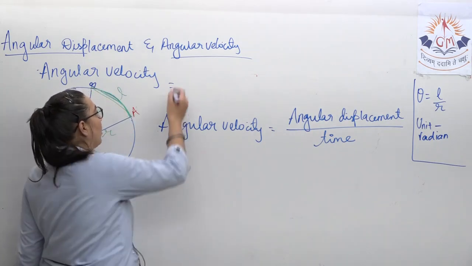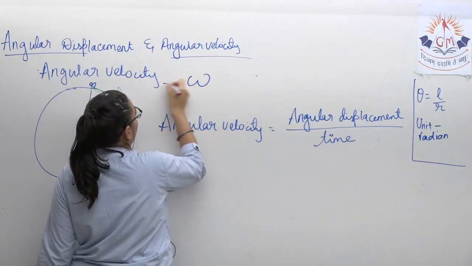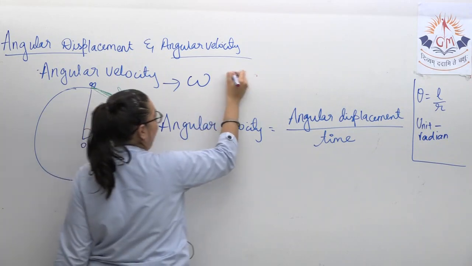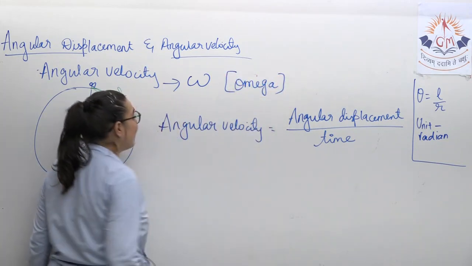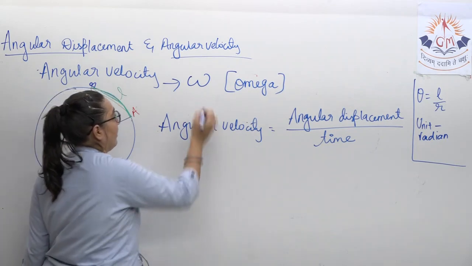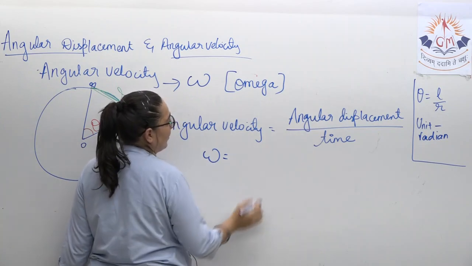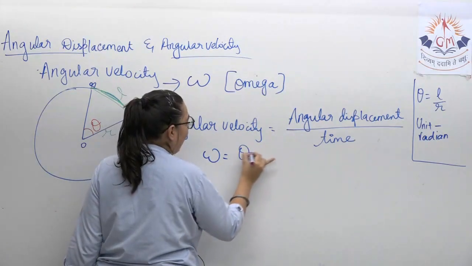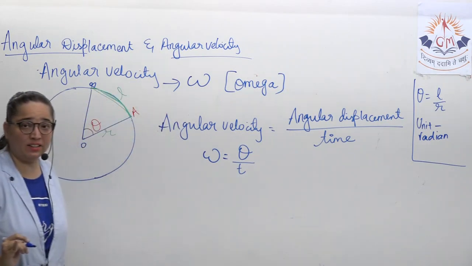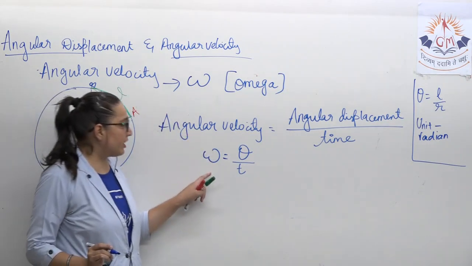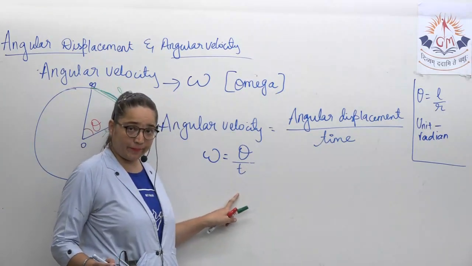Now, angular velocity is denoted by a Greek letter, omega. It is not W, it's omega. Again, it's a Greek letter. So omega is equal to angular displacement, denoted by theta, upon time t. This much is clear. Angular velocity omega, angular displacement theta, time t.